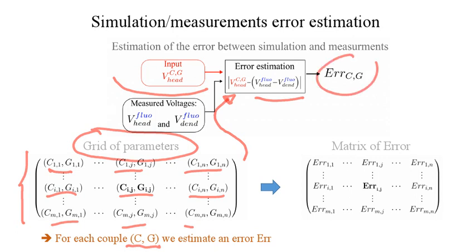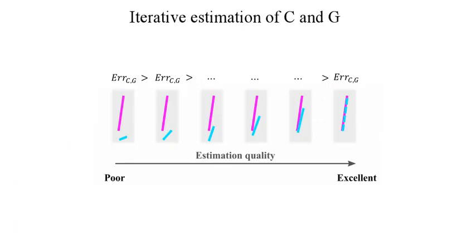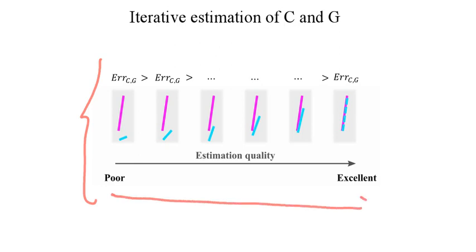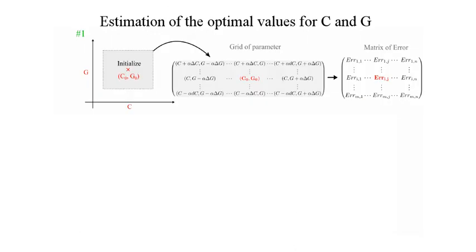We calculate the error, and then we find in the matrix the one such that the error is the minimum one. So again, this is our heuristic. We go from a poor slope to an excellent fitting, so we will retain the set of parameters C and G that will have this property.